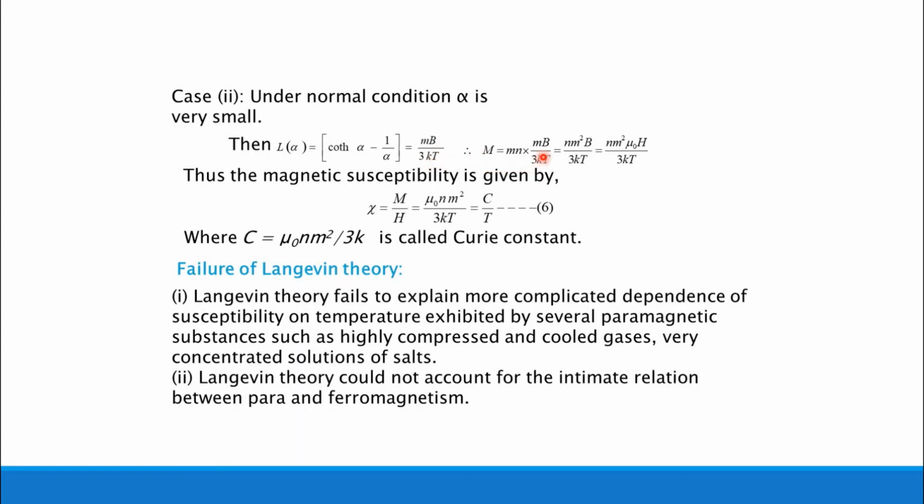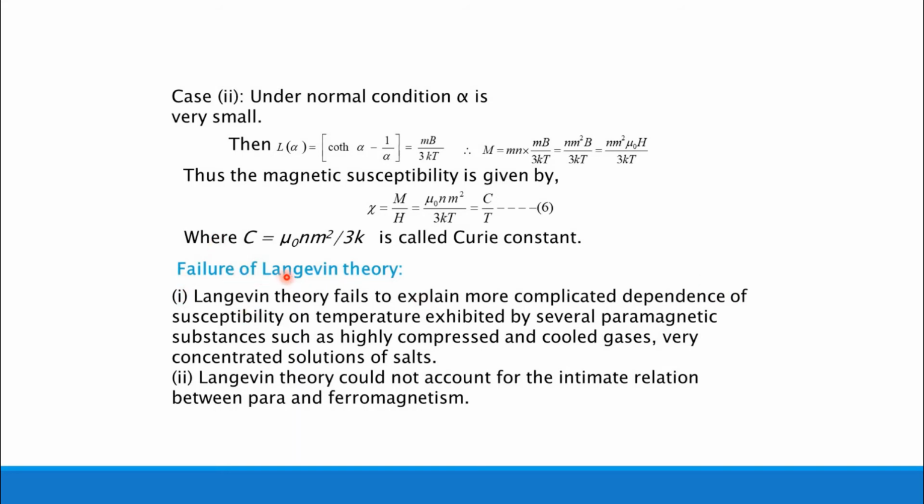Therefore M = nm²B/3kT = nm²μ₀H/3kT. Thus the magnetic susceptibility is given by χ = M/H = μ₀nm²/3kT = C/T, equation 6, where C = μ₀nm²/3k is called Curie's constant.